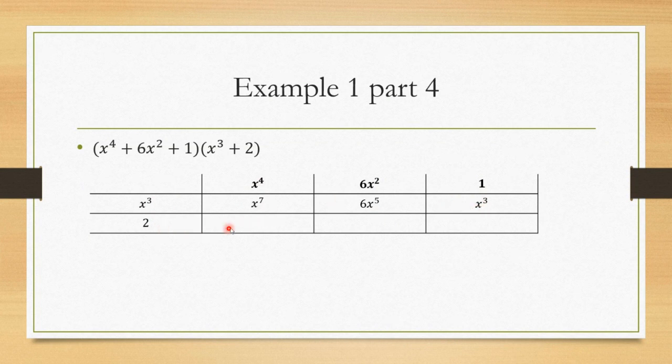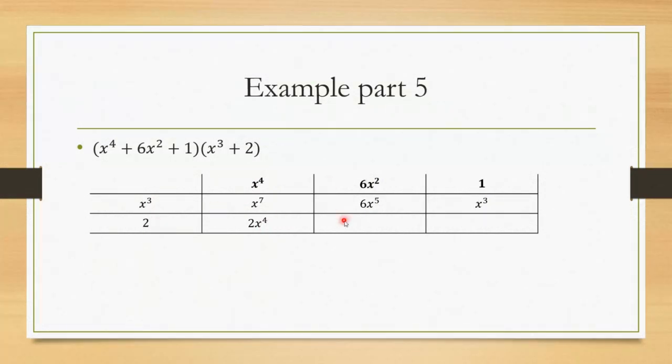Here we have the second row term times the first column entry. So 2 times x to the 4, well, that's just 2x to the 4. Nothing too fancy there. For this one, we have 2 times 6x squared. We get 12x squared. And finally, 2 times 1 is just 2.